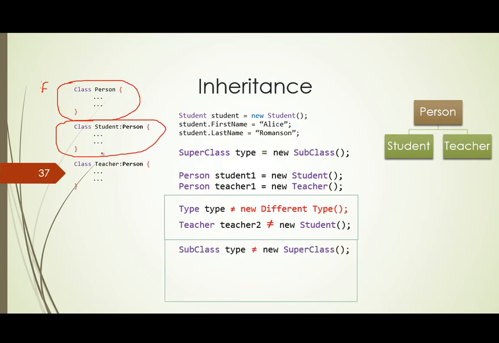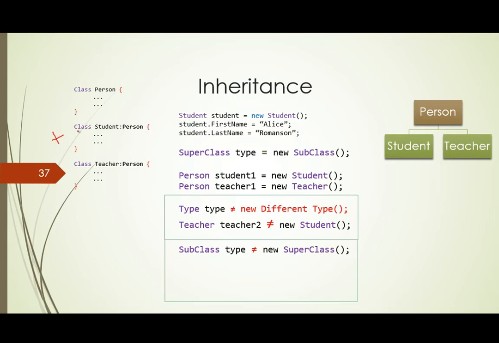Another thing is that you cannot create your subclass from your superclass. So that's very interesting. As I said earlier, a student class has all the properties of person, plus some extended properties.